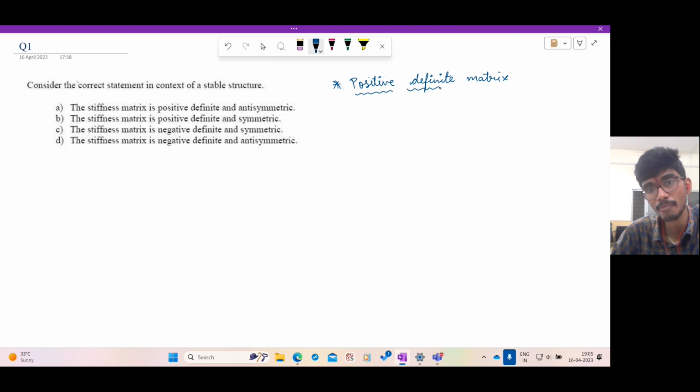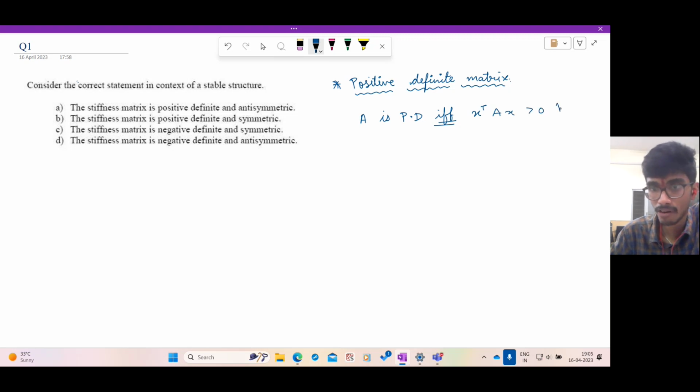So in linear algebra, a positive definite matrix is defined as follows. A matrix A is positive definite if and only if X transpose AX is greater than 0 for all X that is not equal to 0.